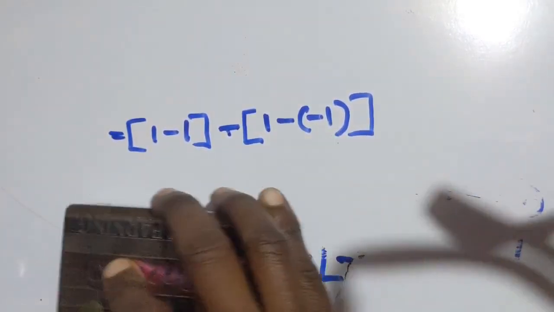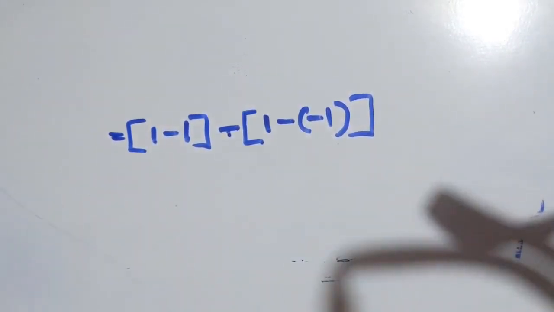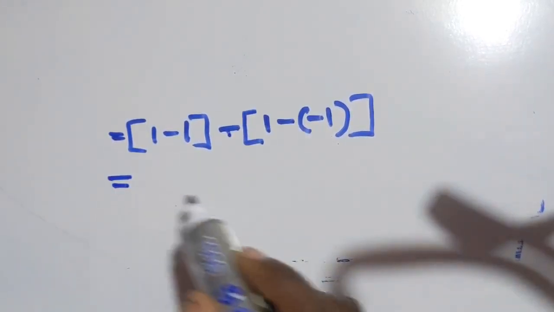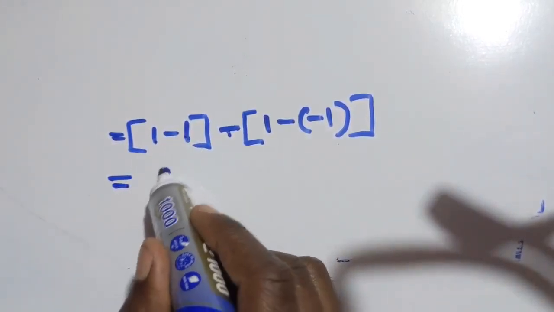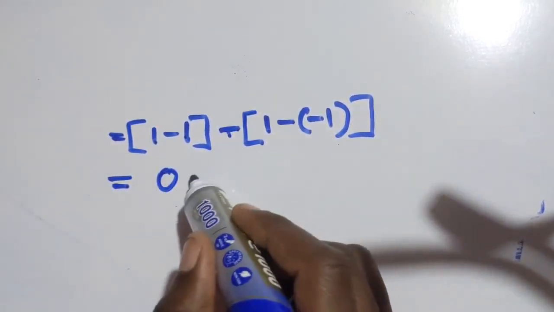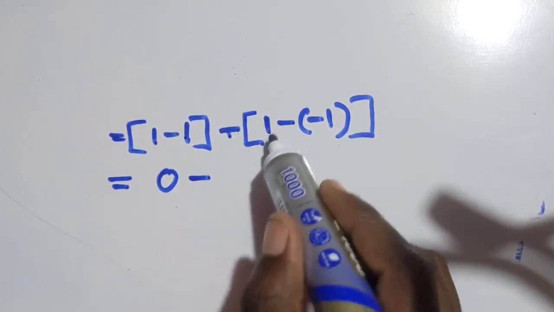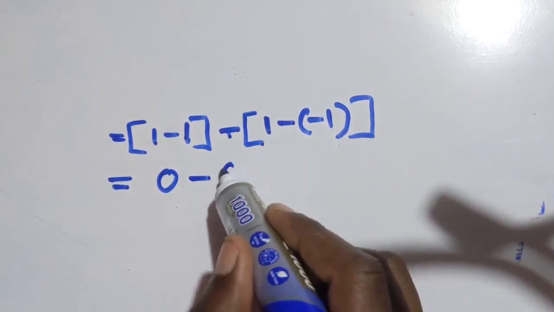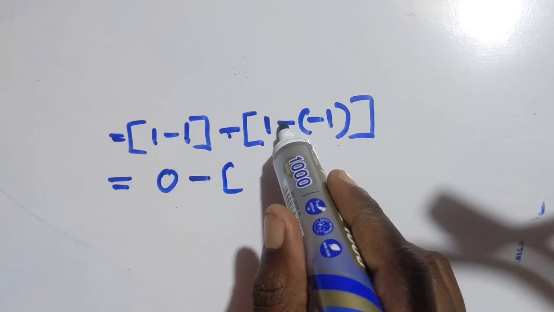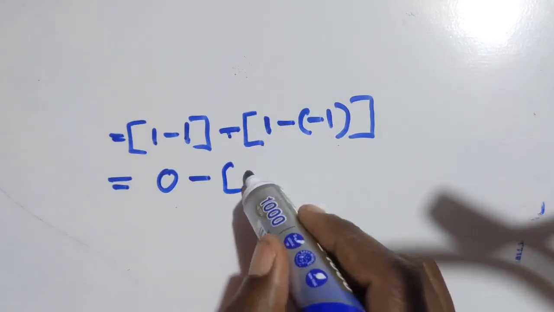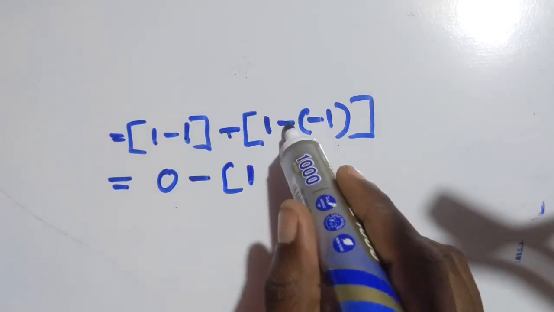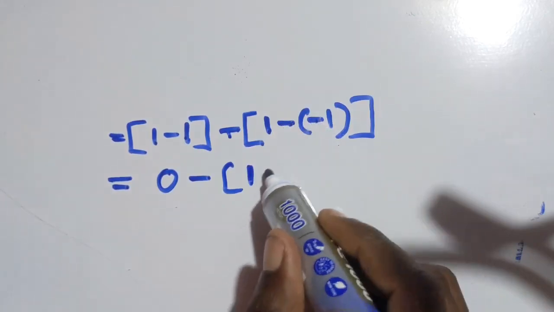Okay? So we are going to say equals 1 minus 1, we have 0. Then we are going to say minus, open bracket. So we are going to say 1. Negative times negative is positive.